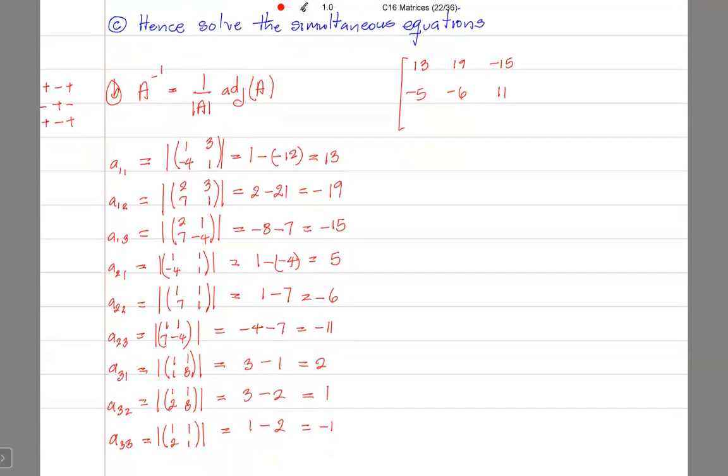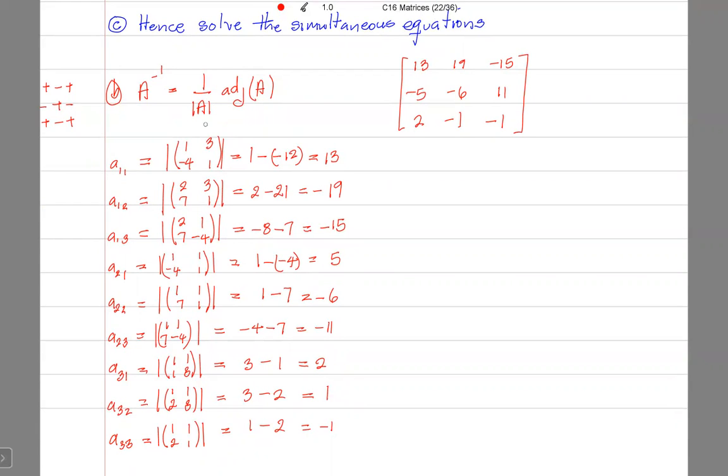Third row: positive 2 is 2. Negative 1 is negative 1. And positive minus 1 is negative 1.